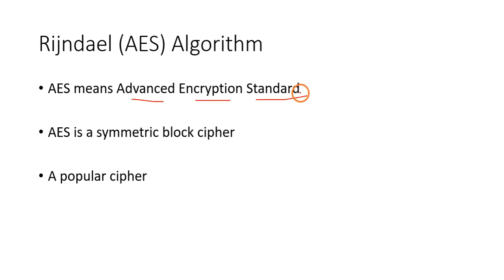Like DES, AES is also a symmetric block cipher. AES is very popular. No weakness has been found in AES until now. Also, AES is used in many protocols in the real world, in the internet and other applications.